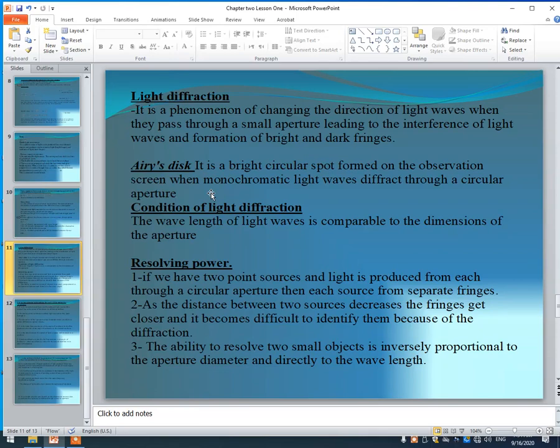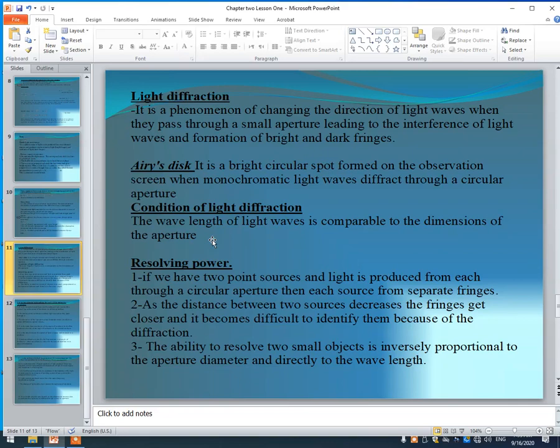Of course, the light wave which falls on the aperture has a certain value of the wavelength. This value of the wavelength should be close to the dimensions of the aperture. The dimension of the aperture means the diameter of this aperture.